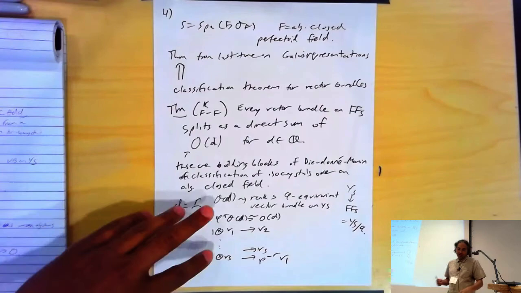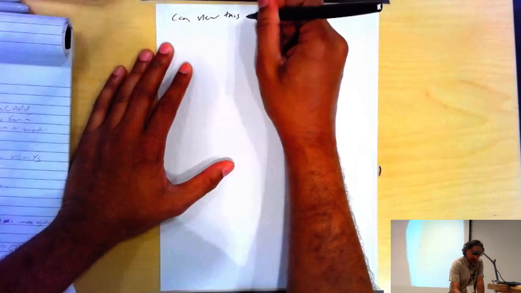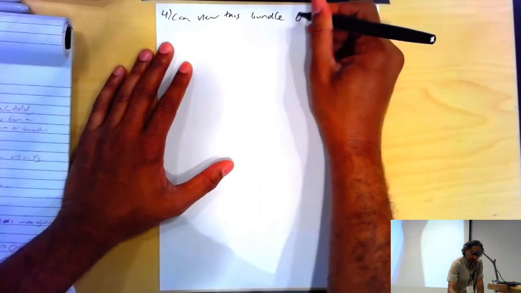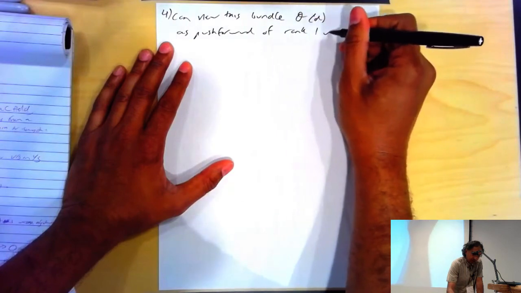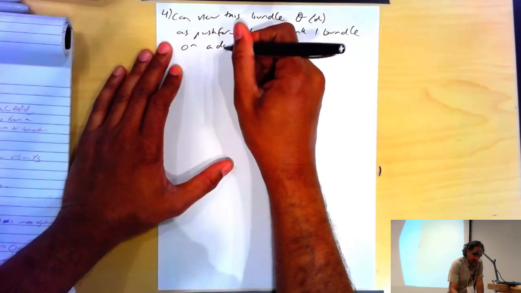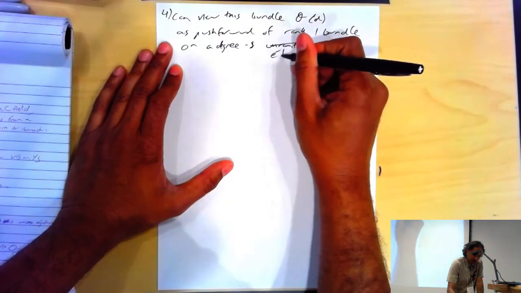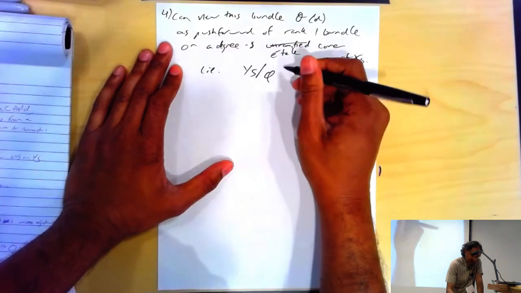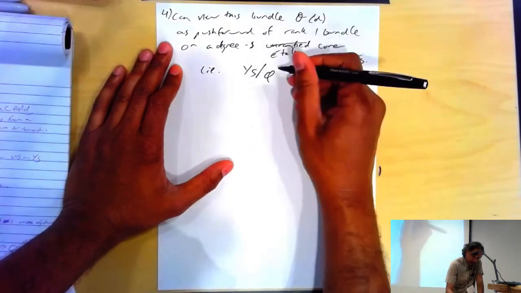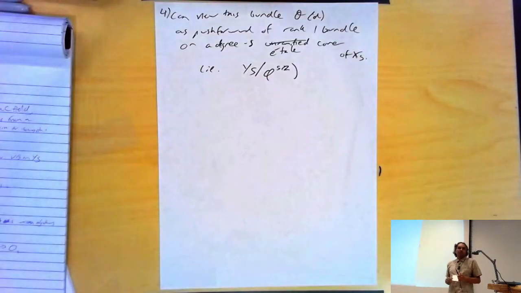If you want, you can view this bundle O(D) as a push forward of a rank 1 bundle, a line bundle, on a degree s unramified cover of X_S, where instead of quotienting by phi to the Z, I quotient by not all of Frobenius, but some finite index subgroup.